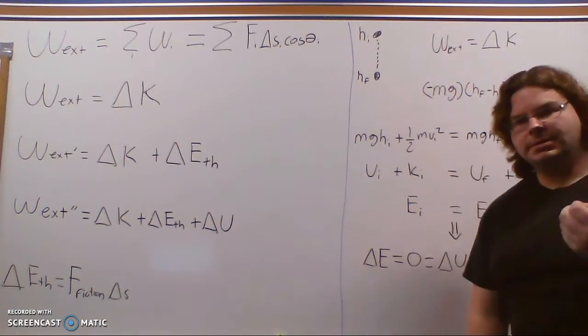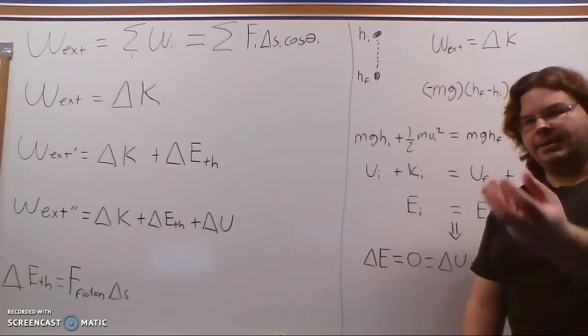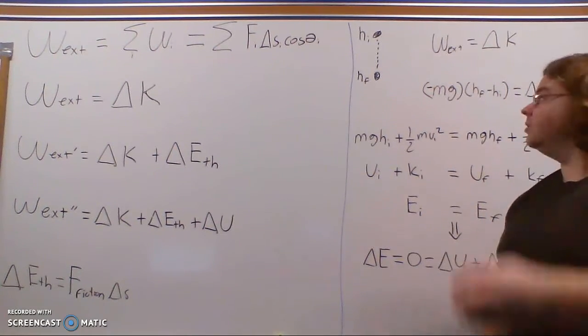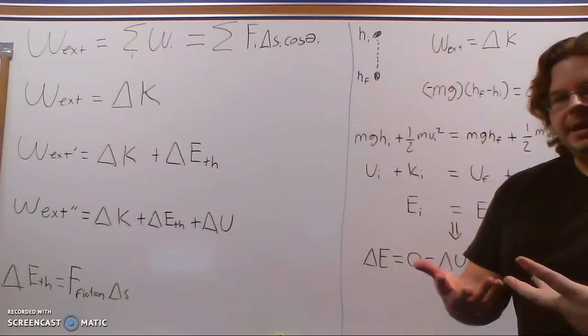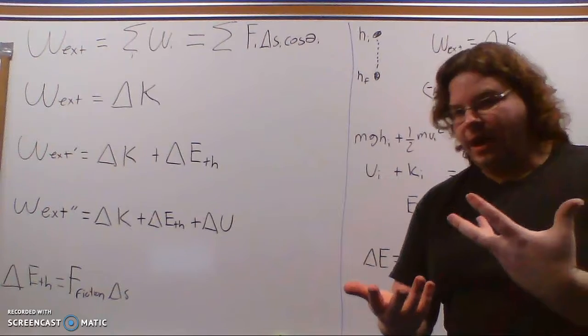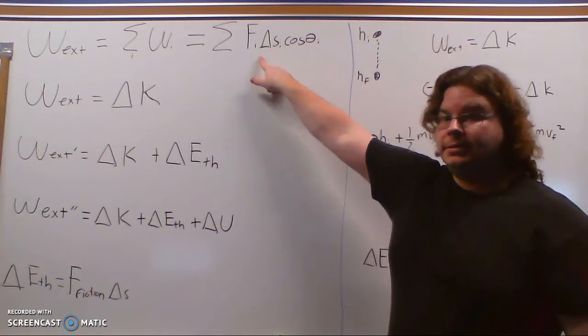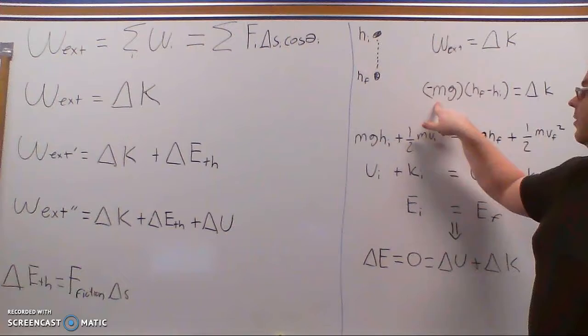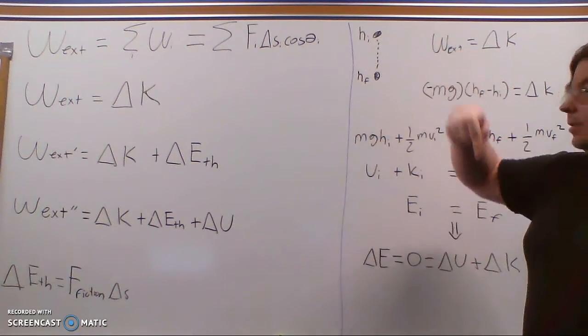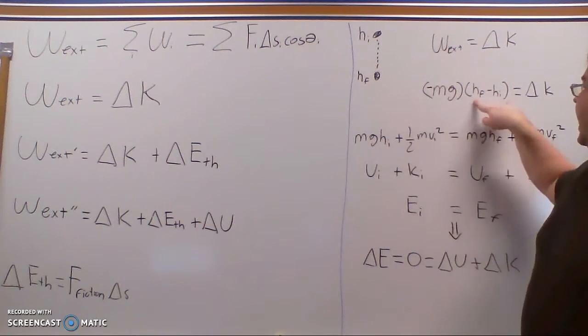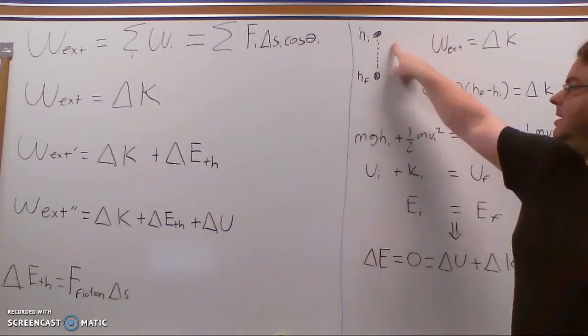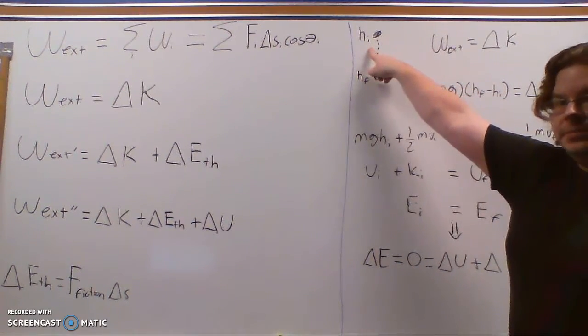Now in this case, because we only care about this object sitting above the Earth, the only force acting on it is the force of gravity. Based on this formula up here, gravity is pointing downward. The displacement is based on h final minus h initial.